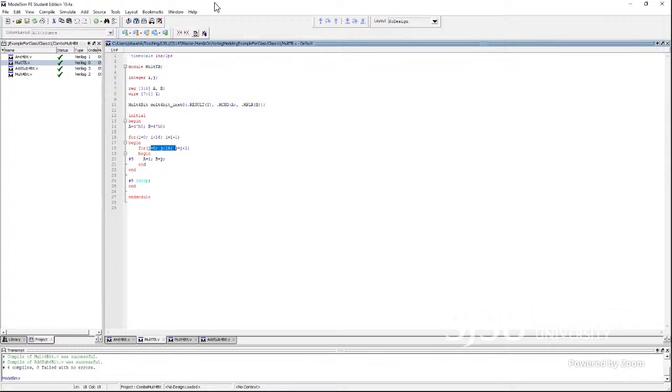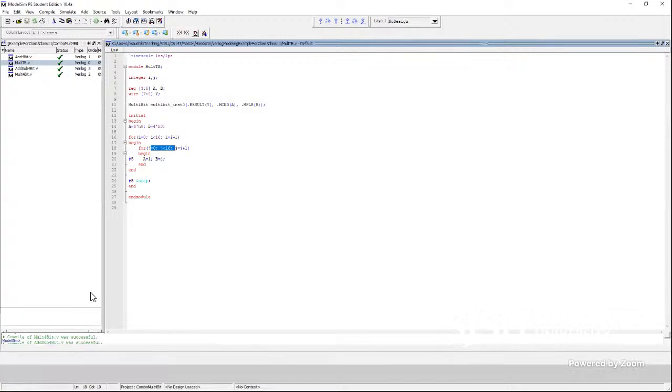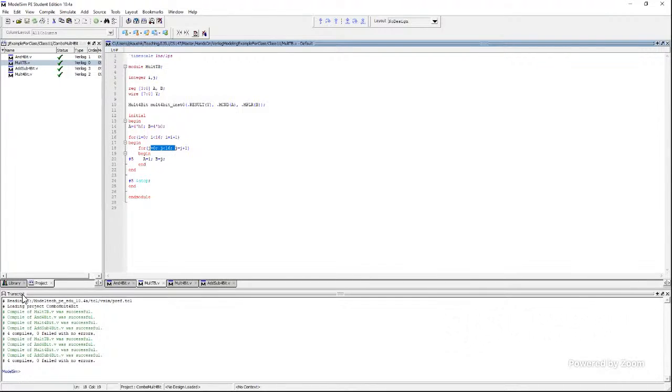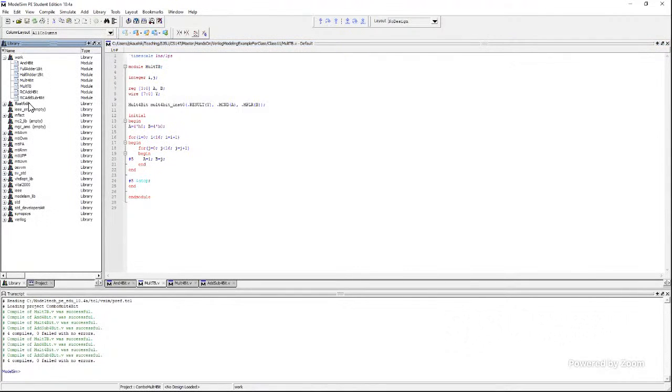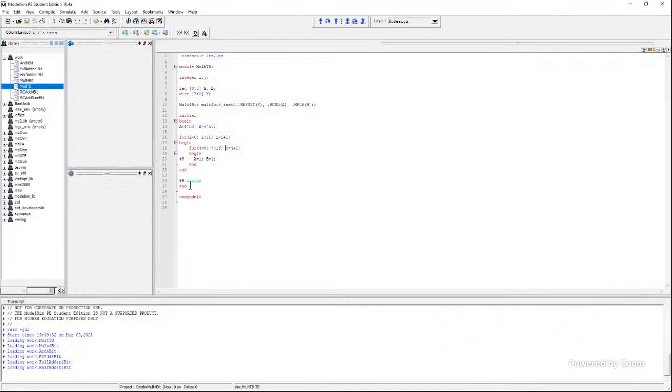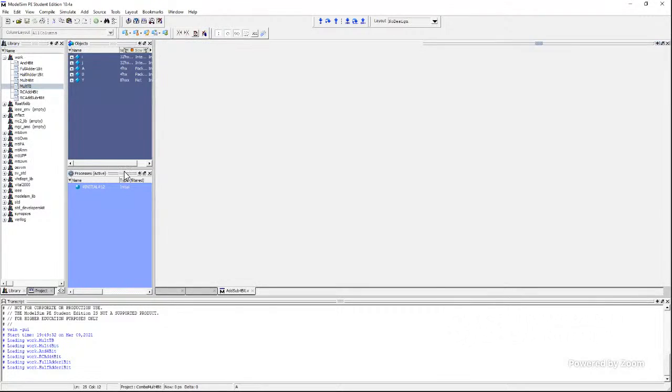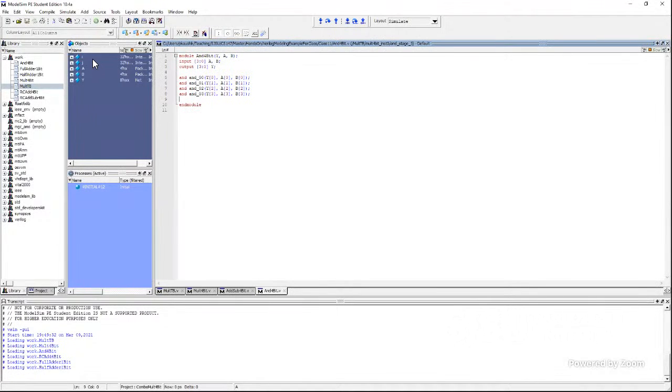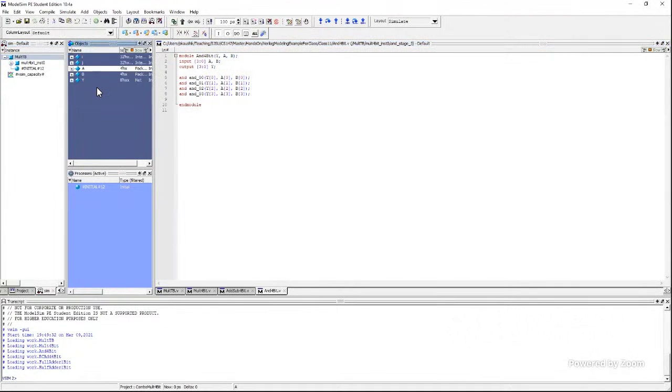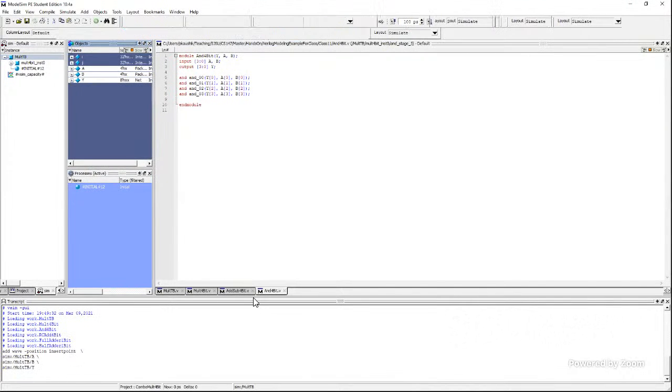So we compile it, and then we pick up the right module to simulate, which is the multiplier testbench. Let's load it, and we can simply look at A, B, and Y, these 3 values, add to wave.